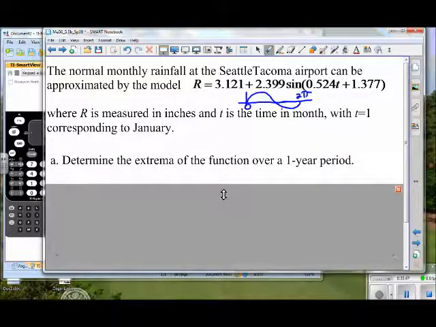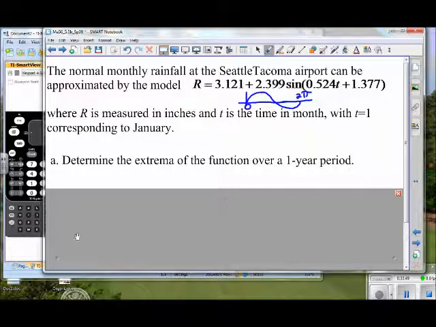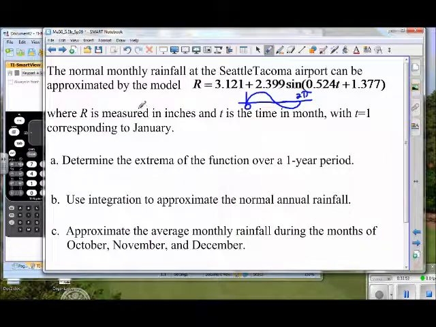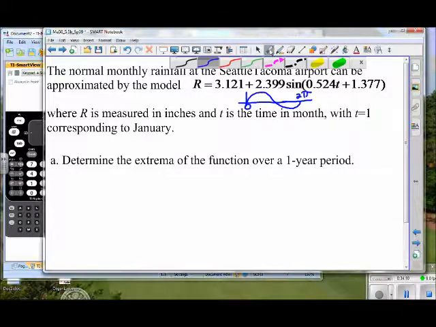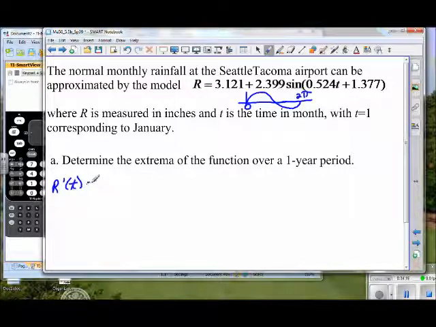Okay. So the first task is to determine the extrema of the function over a 1-year period. We're going to take these one at a time, and I'm going to move the others to another page. This means we want to take the derivative of this function.